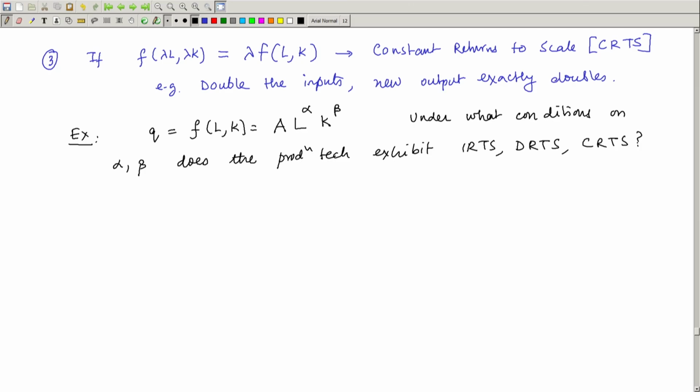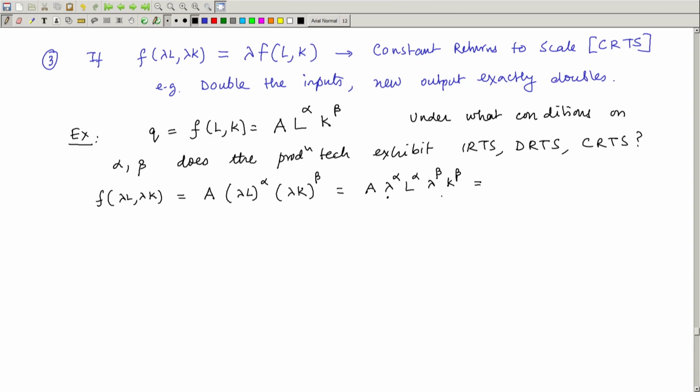And the way to identify increasing returns, decreasing returns and constant returns is to always start with scaling up the inputs by the factor lambda. So, f of lambda L, lambda k is equal to A times lambda L to the power alpha, lambda k to the power beta, which is equal to, now notice I can essentially write this as A times lambda to the power alpha L to the power alpha times lambda to the power beta k to the power beta.